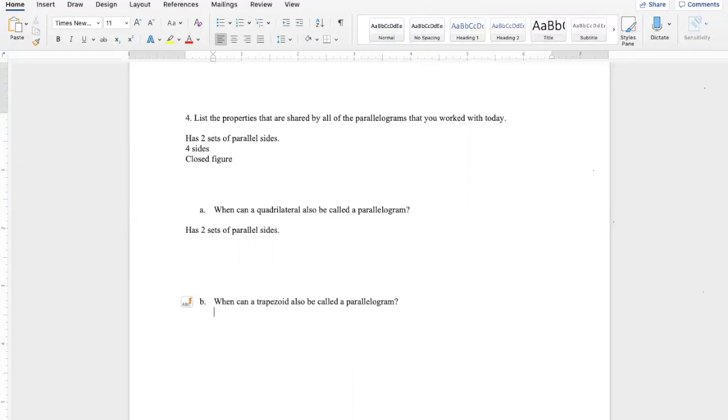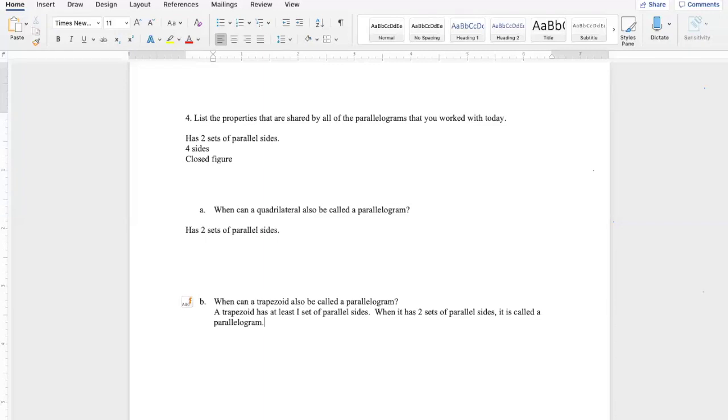And I would include that a trapezoid has at least one set of parallel sides, and when it has two sets of parallel sides, it is called a parallelogram. There you go. And there you have it.